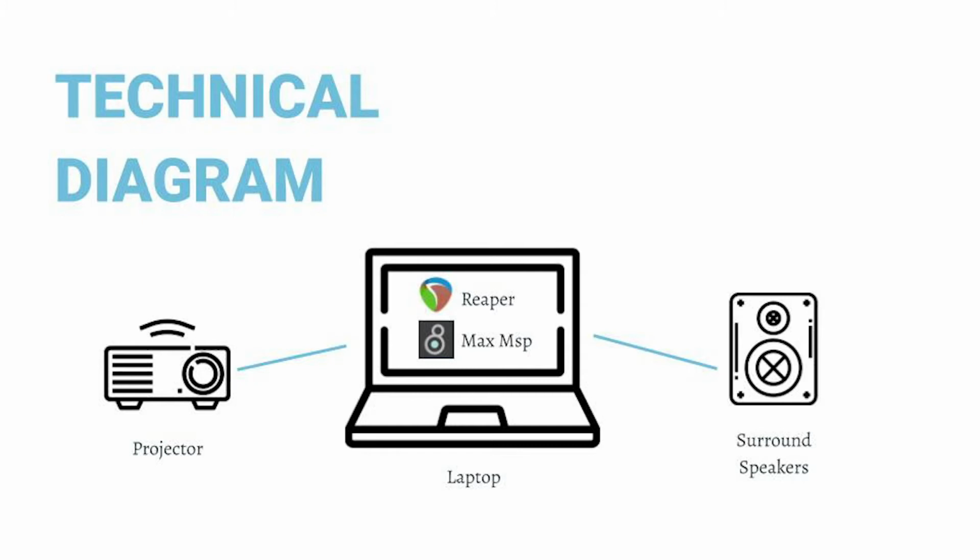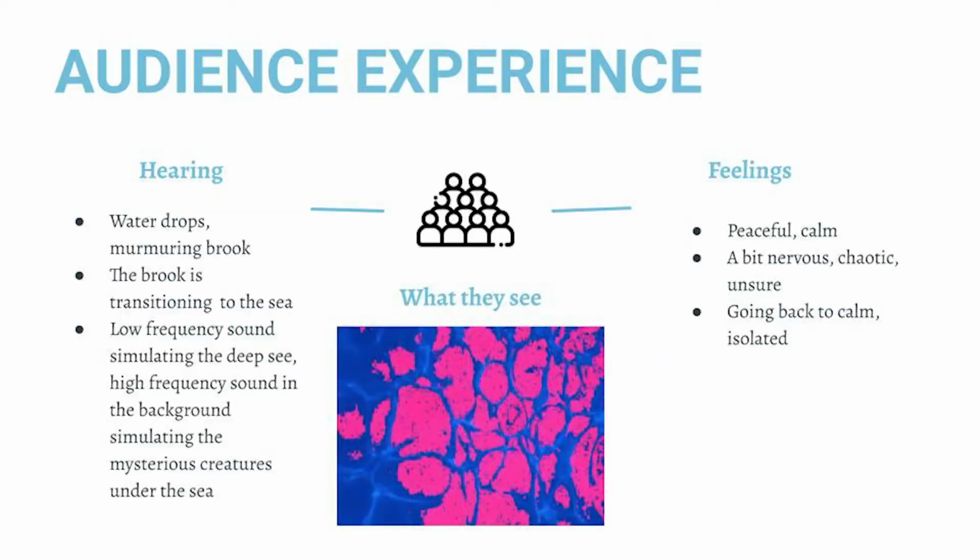The projector is connected to the laptop, so the visuals will be projected in the whole room while the room will be dark. It will also be connected to at least 2 to 6 surround speakers around the room to provide the best immersive sound effect.